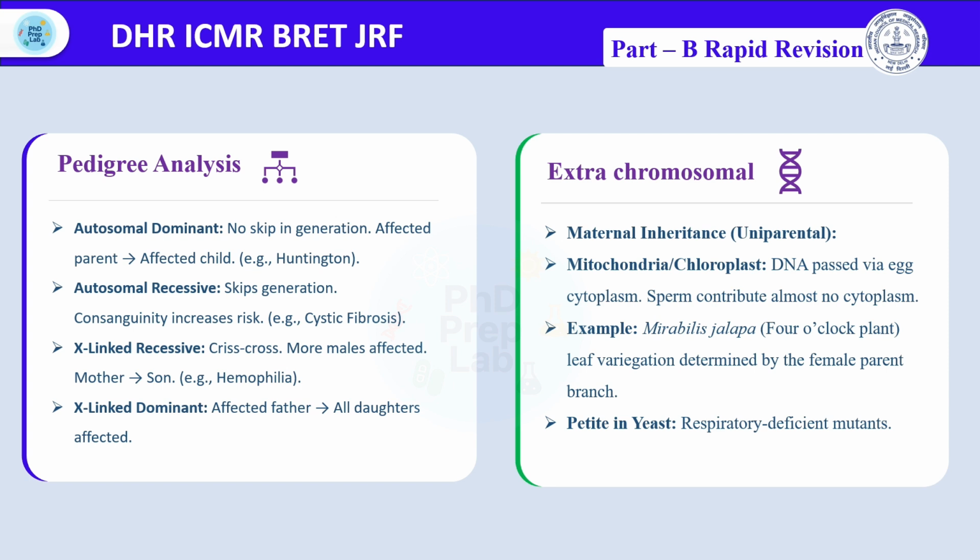In Mirabilis jalapa, the 4 o'clock plant, leaf variegation is determined by the female parent branch. Now you have petite in yeast. This is the respiratory deficient mutant type. So this is also an example of extra chromosomal inheritance. Remember one main point: whatever the genotype of the mother is, that will affect the child, not the father.